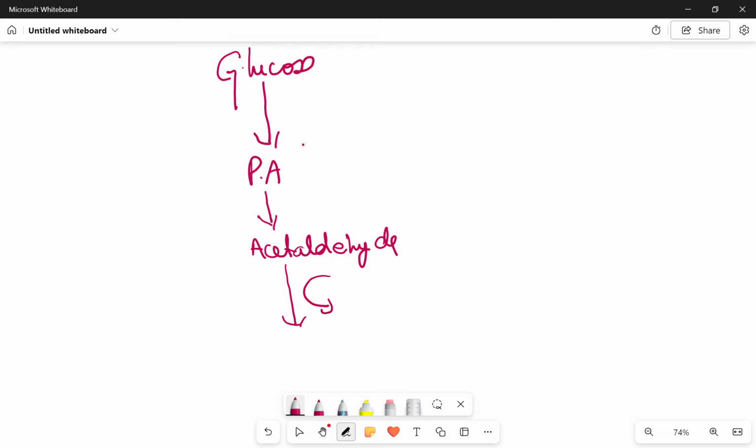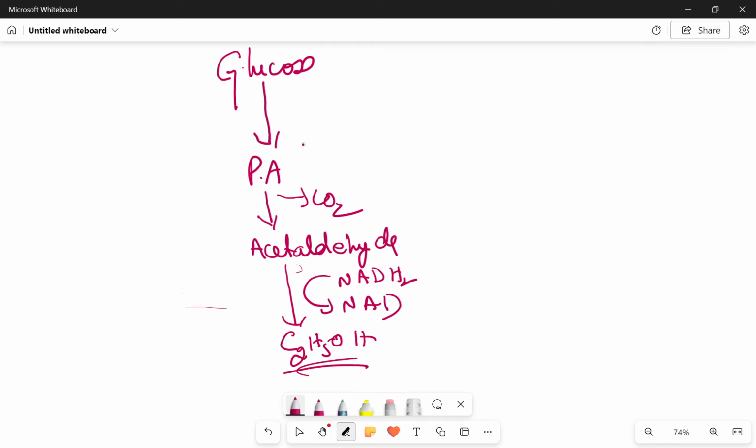During alcoholic fermentation, acetaldehyde undergoes reduction and forms ethyl alcohol. So here what I am asking, which one is the final electron acceptor? Acetaldehyde. Here only reduction is taking place. It is taking the electrons from NADH to acetaldehyde, giving ethyl alcohol.